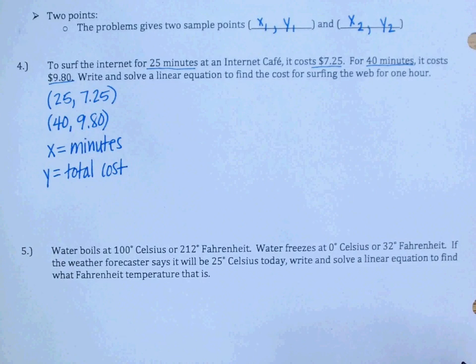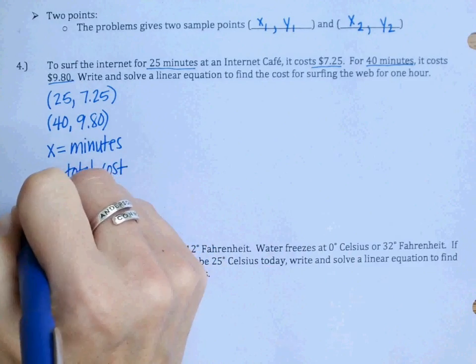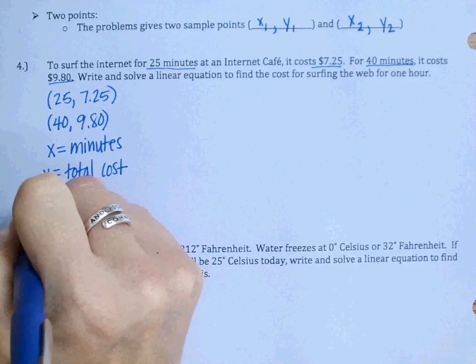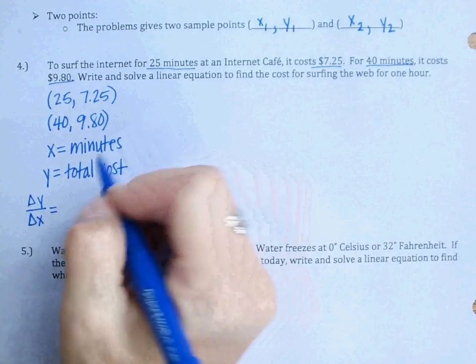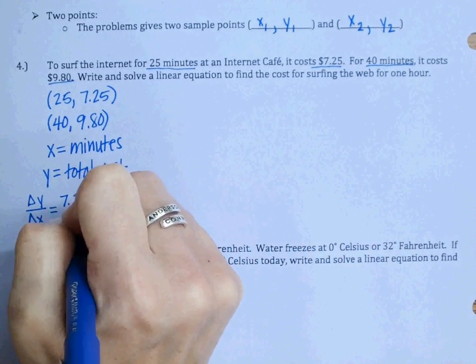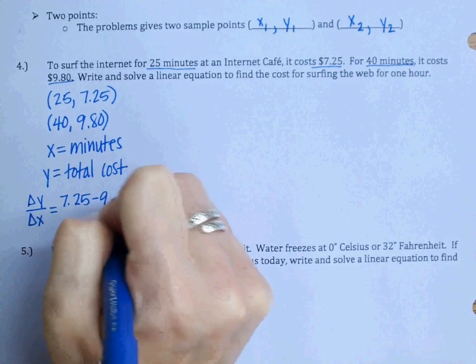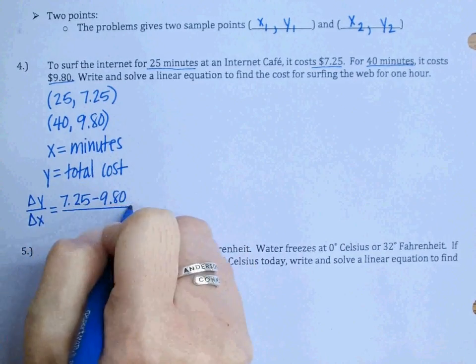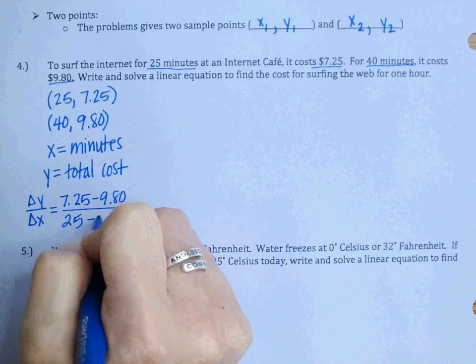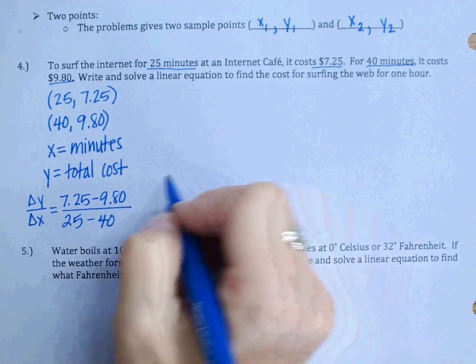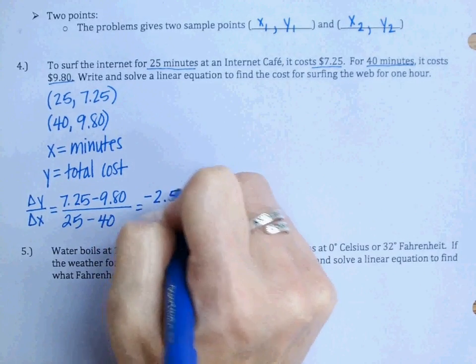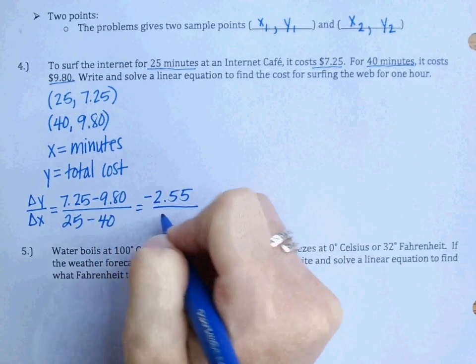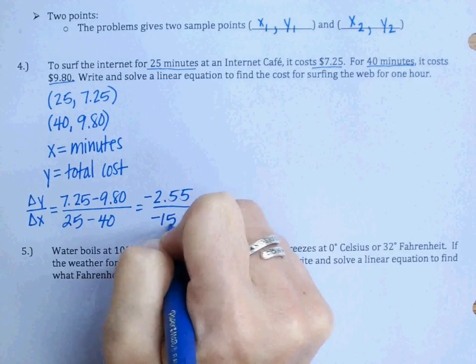Now the next thing I'm going to do is find my slope. To find my slope, we're going to remember that is the rate of change, change of y over the change of x. I'm going to use the sample points, so I'm going to do $7.25 minus $9.80 over 25 minus 40. When I do that, I get negative $2.55 over negative 15.